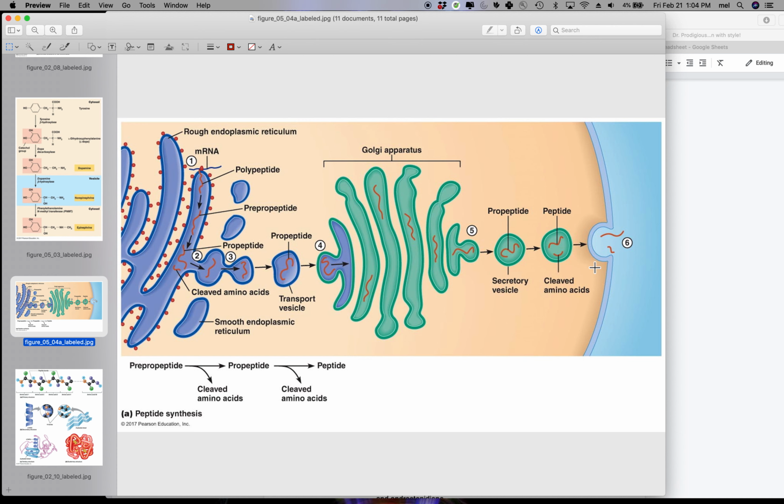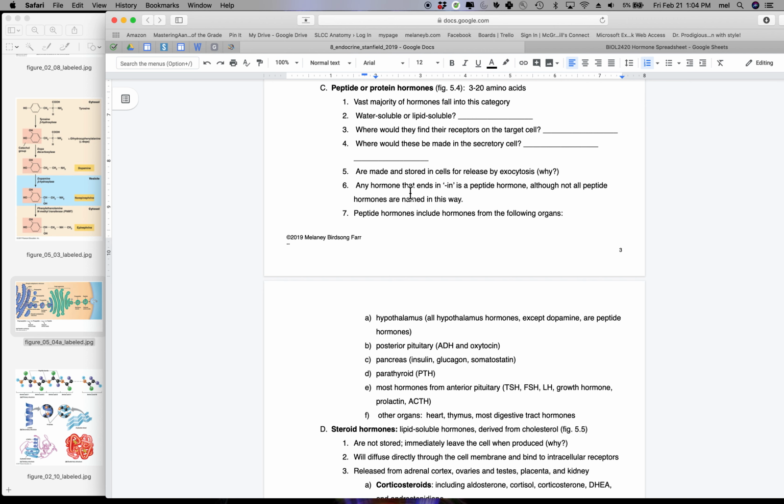That's because it's relatively large and water soluble. So this, for instance, could be insulin being secreted from a pancreatic beta cell. So these are made and stored in the cells for release by exocytosis because of their size.